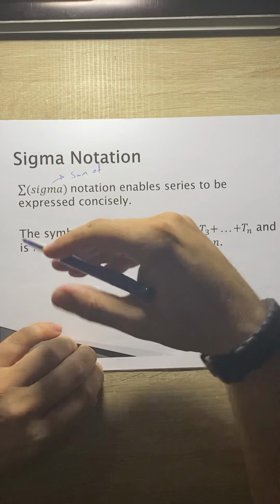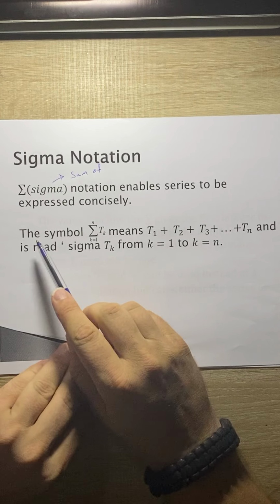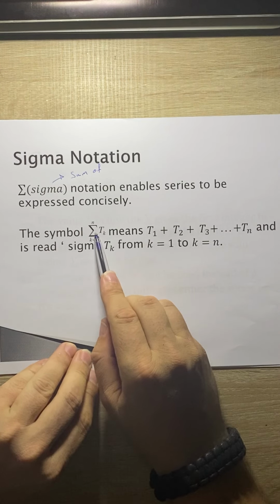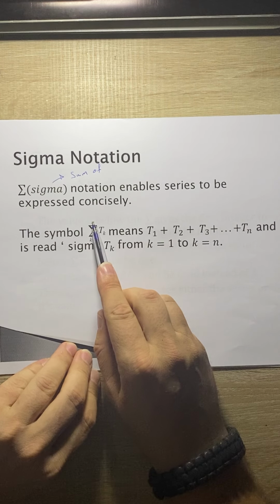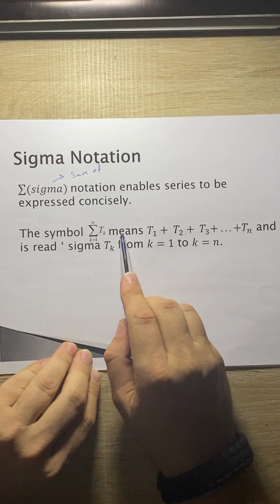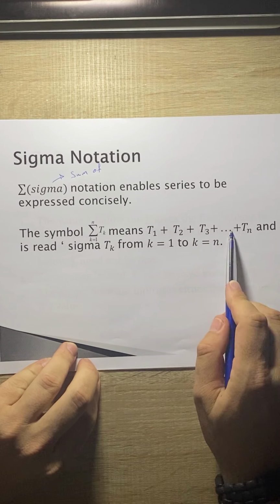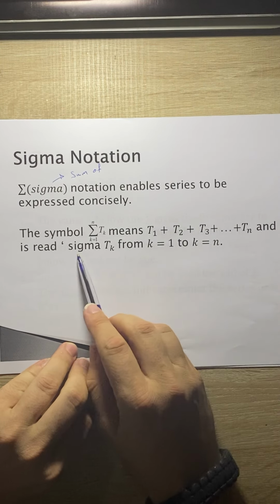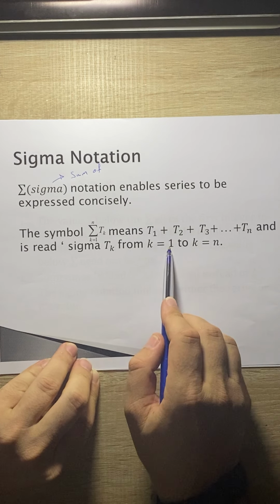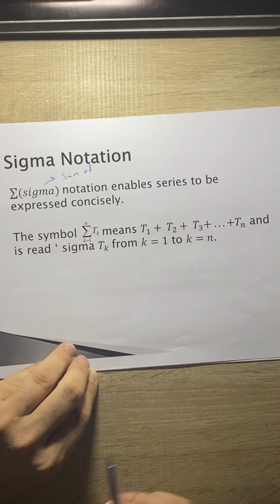Basically you're going to add the terms. The symbol sigma Tk from k equals 1 up to n means you're going to add T1 plus T2 plus T3 all the way up to Tn, and is read sigma Tk from k equals 1 up to k equals n.